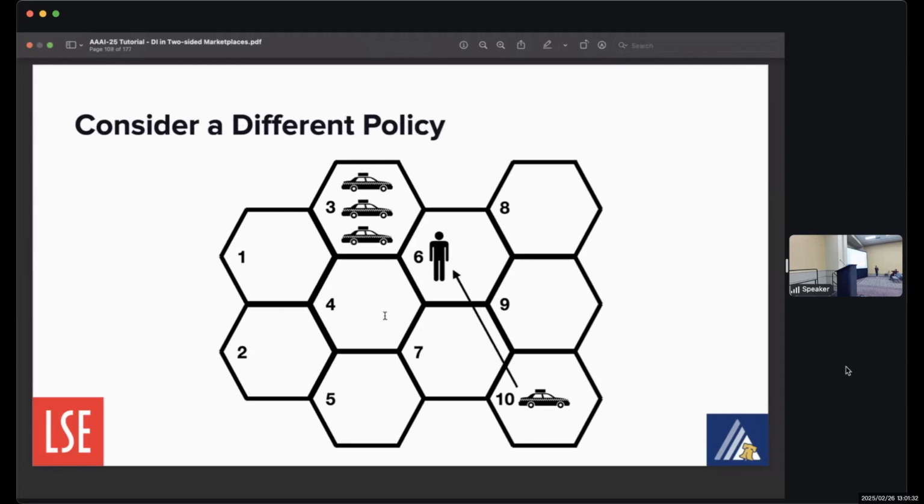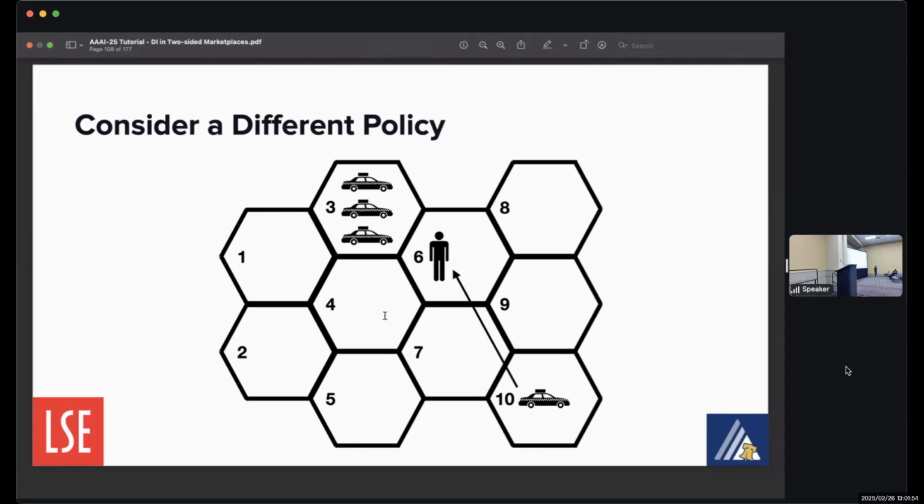Now, suppose we have the ability to travel back in time. Suppose we can do such time traveling. If we go back to this particular time point, suppose we consider a different policy. Instead of asking one of the drivers in zone number 3 to pick up this passenger, we directly ask the driver in zone number 10 to pick up this passenger.